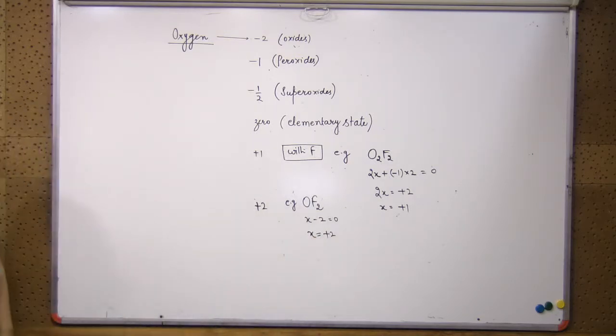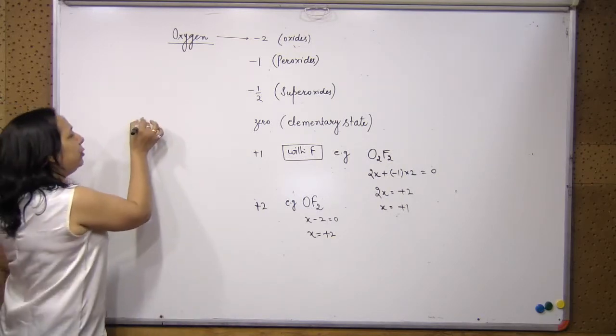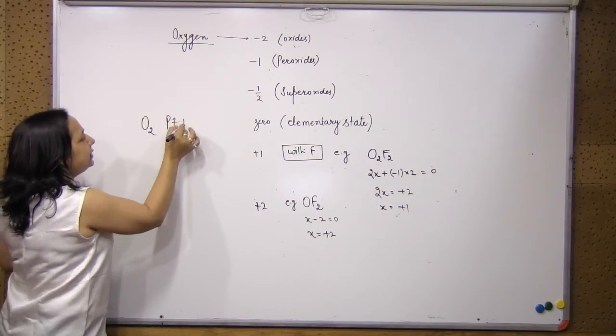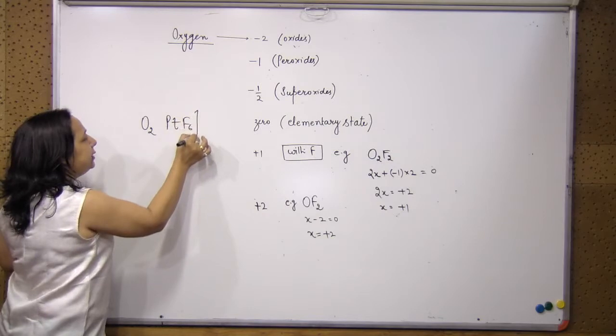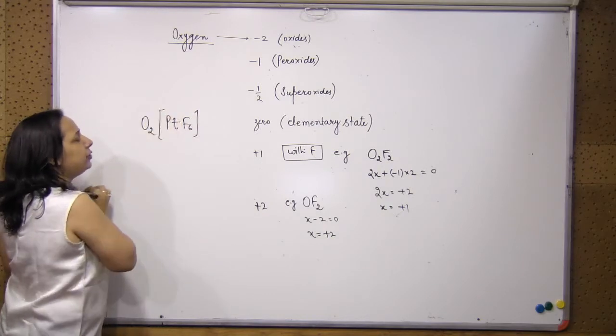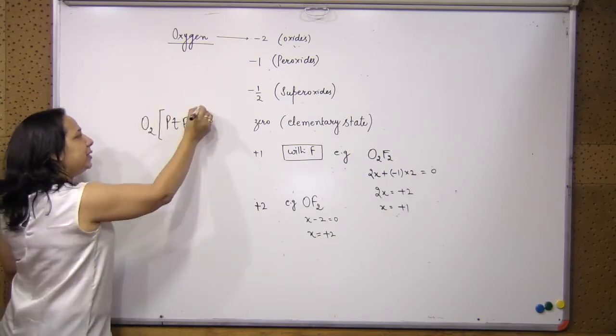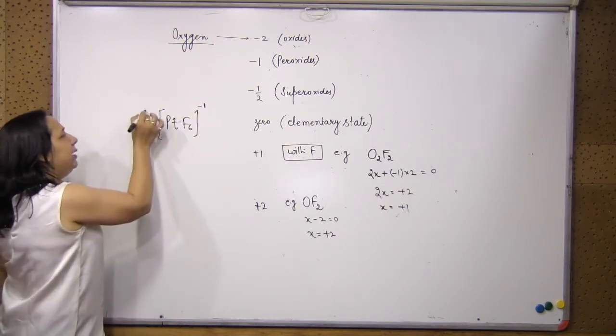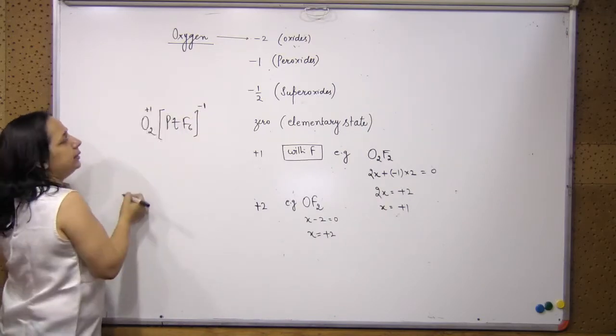It means oxygen can show oxidation number from -2 to +2. There is one compound of oxygen named O2PtF6, platinum hexafluoride with dioxygen. In this compound, platinum hexafluoride is -1 and O2 is +1.